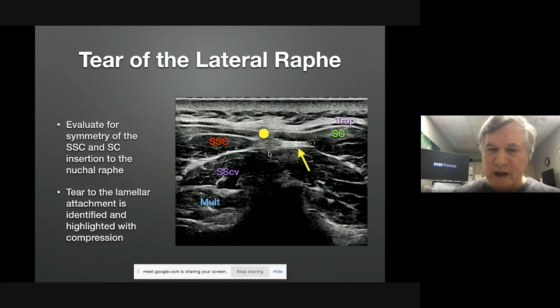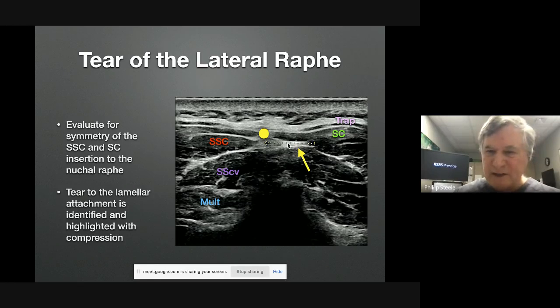Here's the nuchal raphe. This is a collection of the septal portion, all of this, and trap, layer 1, layer 2, splenius capitis, and then right here we see this muscle balled up and pushing splenius capitis up. So this is semispinalis capitis here.